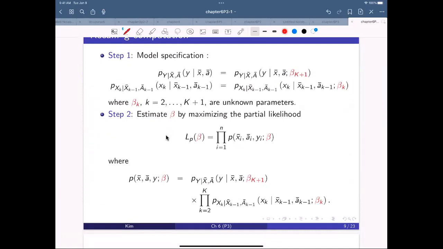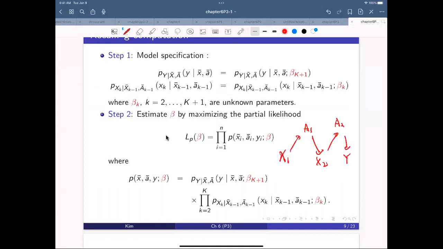Here k equals 2, and this is nothing but the conditional probability of x2 given x1, and so x1, a1, x2, a2, y.